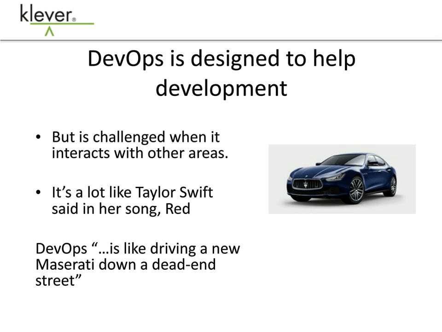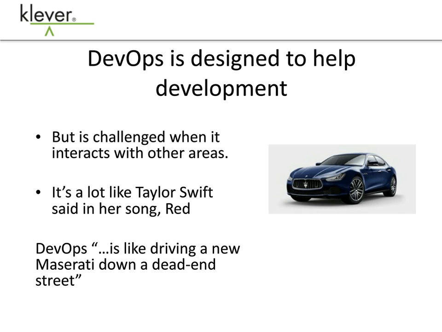One of the reasons why we're anticipating some challenges is that DevOps is really designed from the perspective of the development organization. Agile software development is really designed to help the organization flow better.